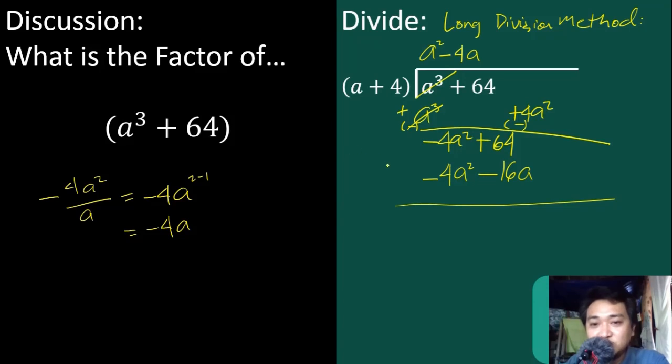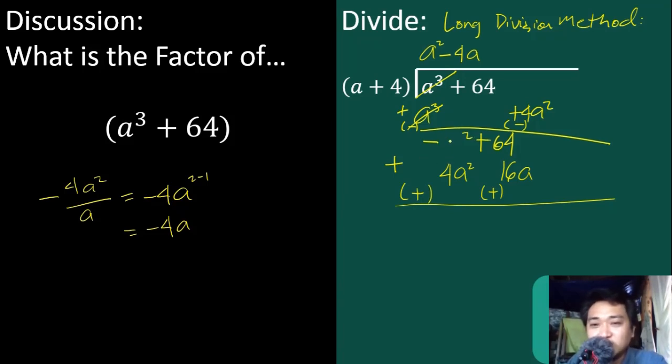Again, we're going to subtract, but since subtraction is the same as adding the opposite of the subtrahend, therefore we will proceed to addition and then change the sign of the subtrahend. Yung mga dating negative, gagawin nating positive. So in this case, negative 4a squared plus 4a squared, or positive 4a squared, they are 0 because negative 4 plus 4 is 0 times a squared, 0 pa rin.